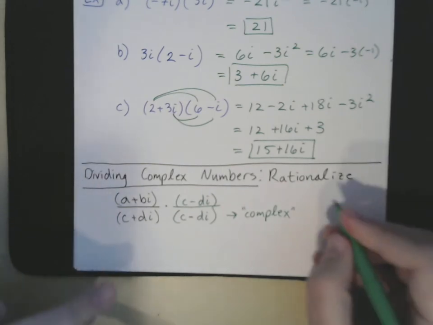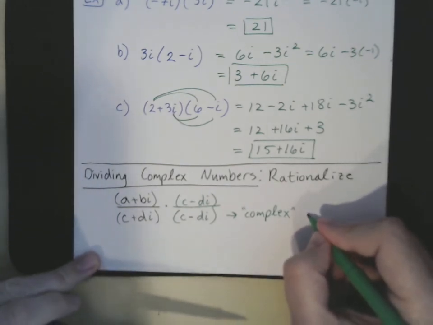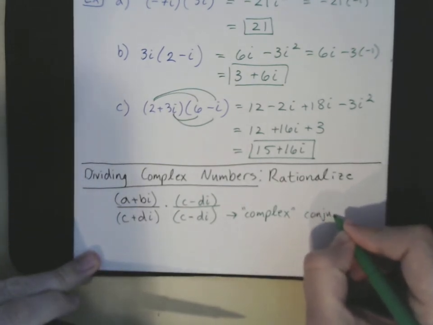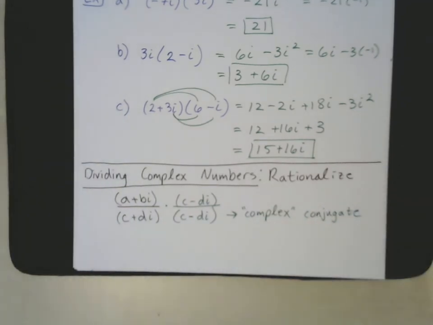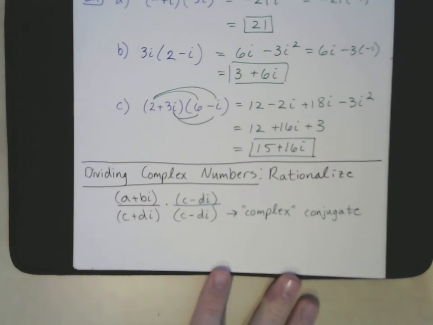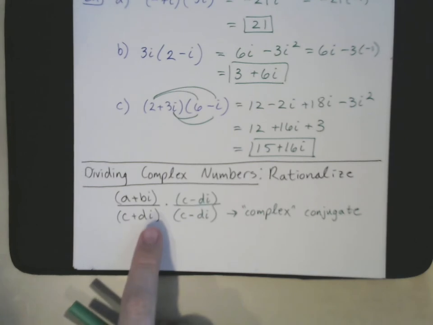And it works just like our conjugates that we saw before, when we were multiplying by conjugates for the radicals. And the reason it works the same way is because i is really a square root. It's the square root of negative 1.